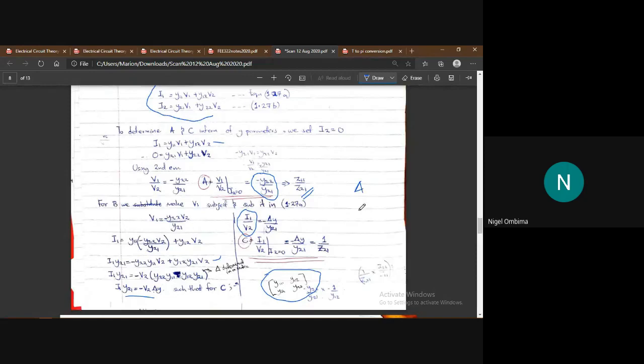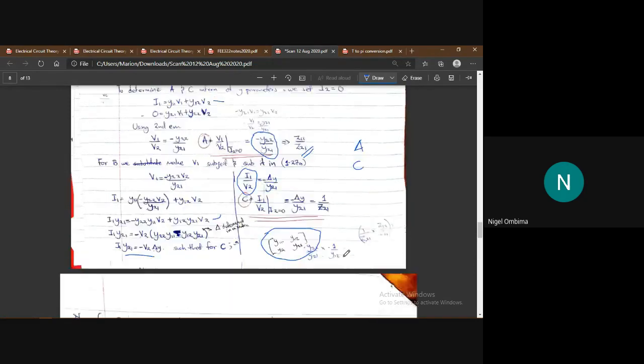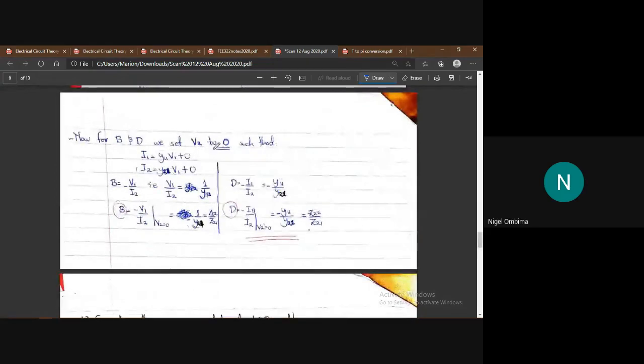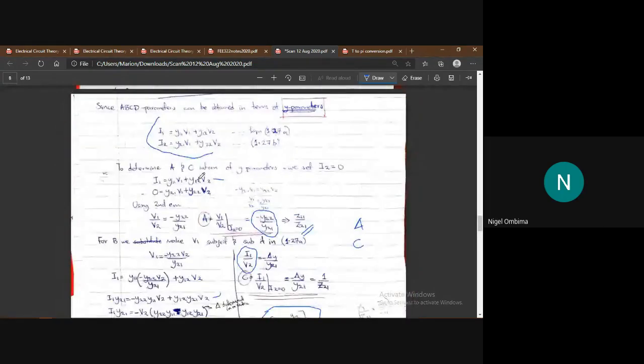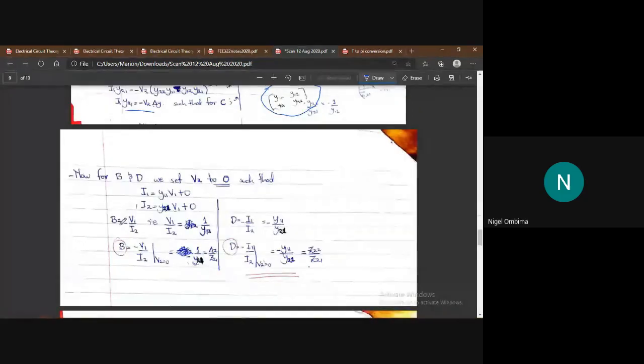So we have A and we have C. Now we look for B and D. For B and D, we set V2 to 0 from these parent equations. So these terms will be 0, and we remain with this and this.